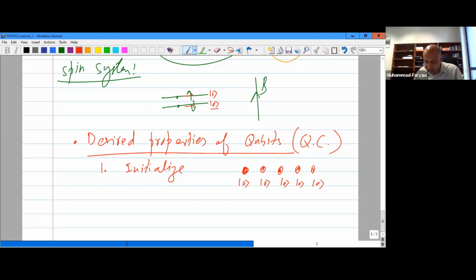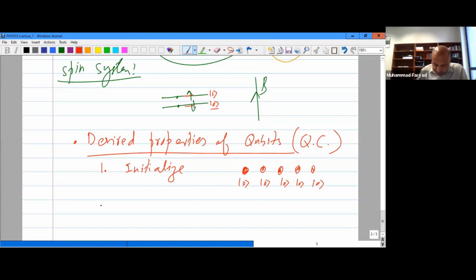And we use the labels 0 and 1 simply out of our habit of working with classical bits, where we use 0 and 1 to represent 2 voltage levels or 2 magnetization levels on a hard disk, and so on. So we should be faithfully able to initialize our qubits whenever we need. So that's the first requirement.